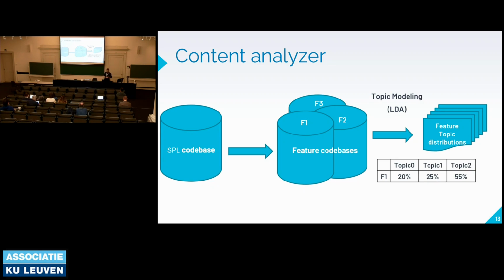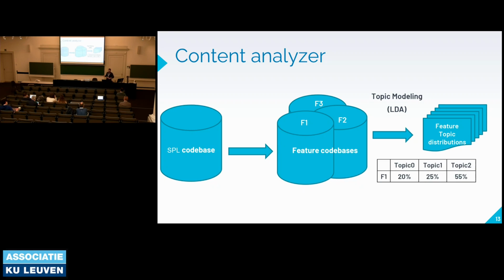Then we process them with topic modeling analysis. Topic modeling is a quite popular natural language processing technique that tries to discover abstract topics from a collection of documents. In our case, those documents would be the feature code bases, and the topics are inferred from the identifiers of the variable names, comments, methods, or class names.